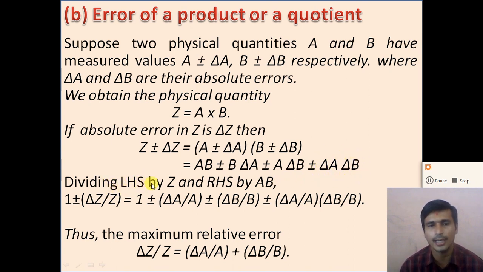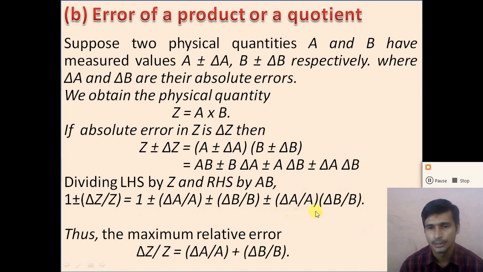Dividing LHS by Z and RHS by AB, on the LHS Z by Z cancels and we get 1 plus minus delta Z by Z. What is delta Z by Z? It is the relative error in Z. On the right, AB divided by AB gives 1 plus minus delta A by A plus minus delta B by B plus minus delta A by A times delta B by B.